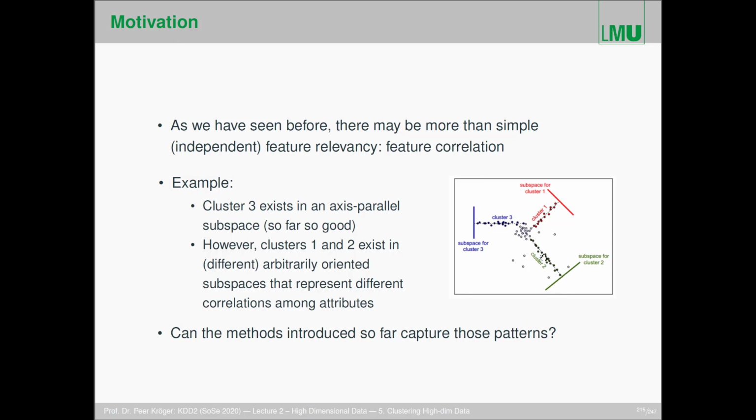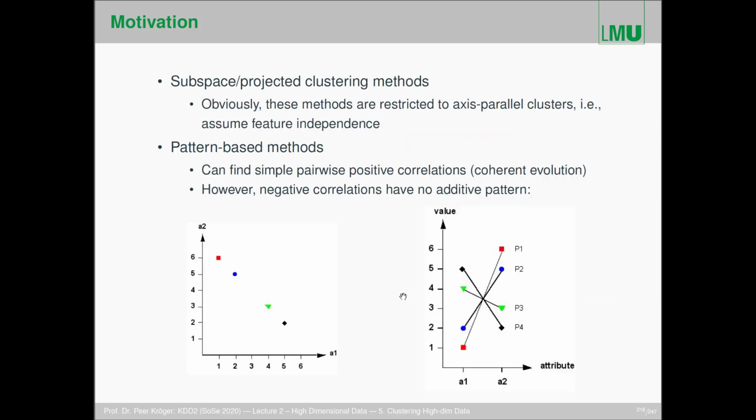So the question is, can the methods introduced so far capture those patterns? Well, I already told you the answer is no, but to some extent they can capture that, so we will have a look at that.